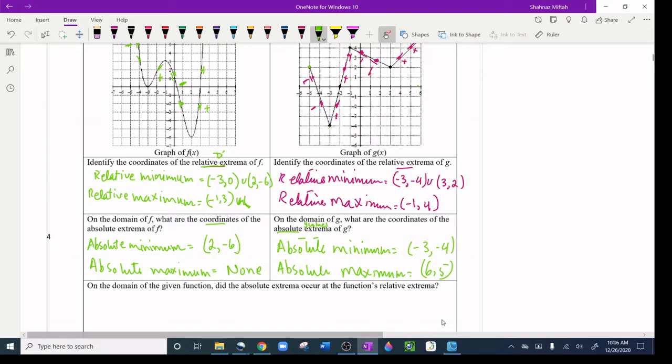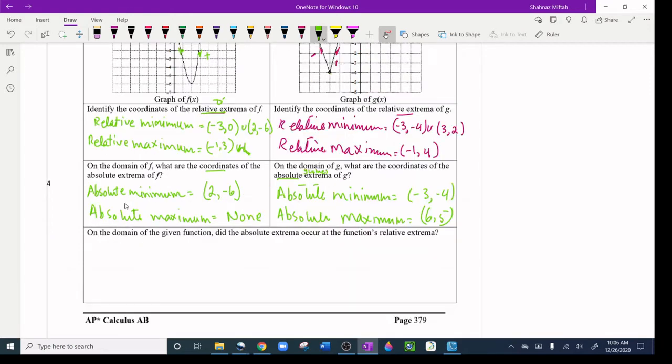Then I will show you how to get it from the equation. On the domain of a given function, did the absolute extrema occur at the function's relative extrema? On the graph of f, the absolute minimum occurred at a relative minimum.